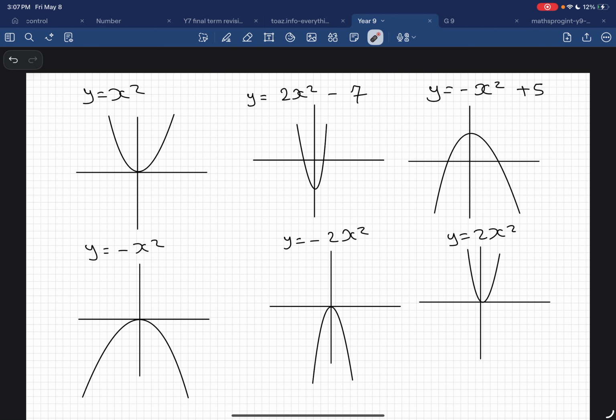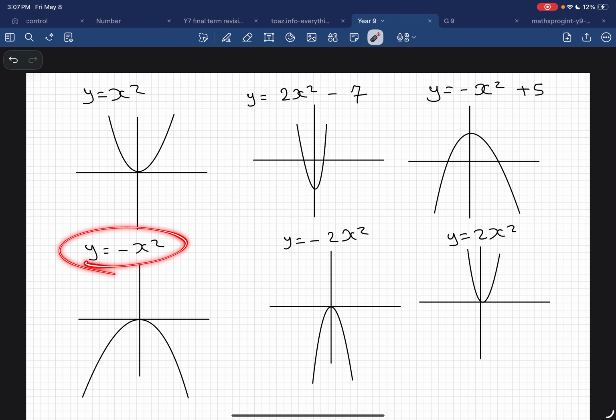As you can see, this is y equals x squared because it goes through the origin. Since we don't have a y-intercept, it means 0. That's why it goes through the origin as a minimum point there. This one, because it has 2x squared, is going to be narrower, and it's going through minus 7 here. And this one is plus 5 and minus x squared, that's why it's inverted, and this it's wider.